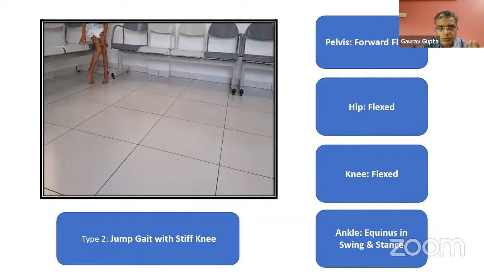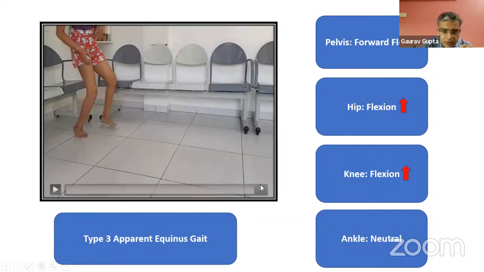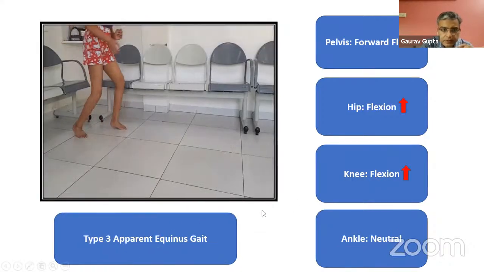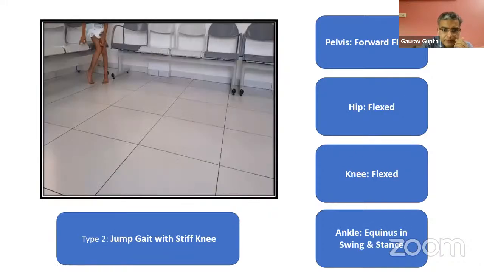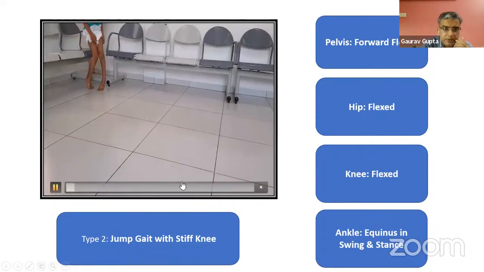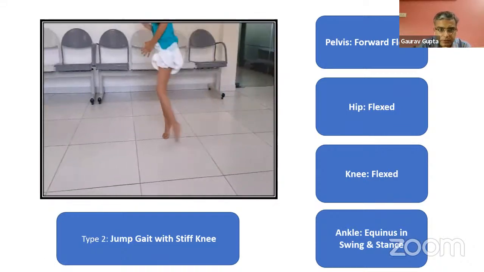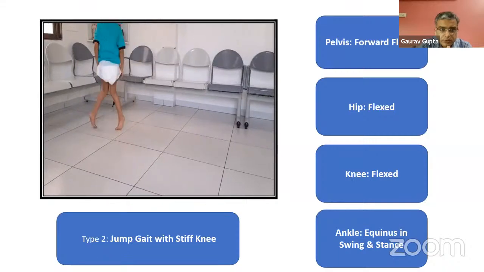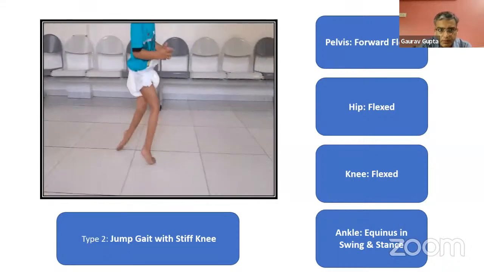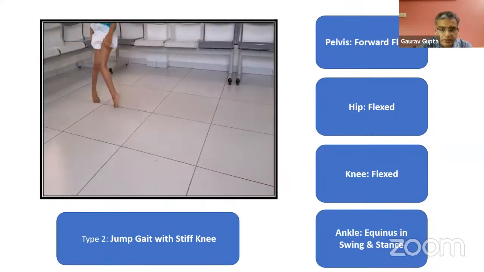So now proximal joints are being involved, and due to knee flexion and stiffness in the knee, you see that the knees are in flexion, ankles are in equinus, and there's not much movement at the knees. So it looks like a jump knee gait. So this is type 2 diplegic gait.